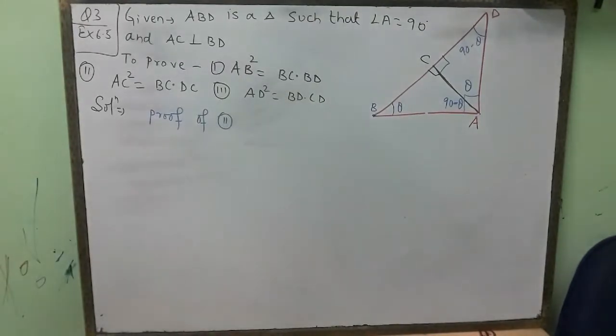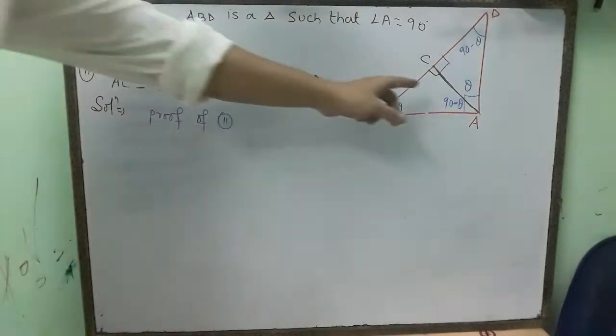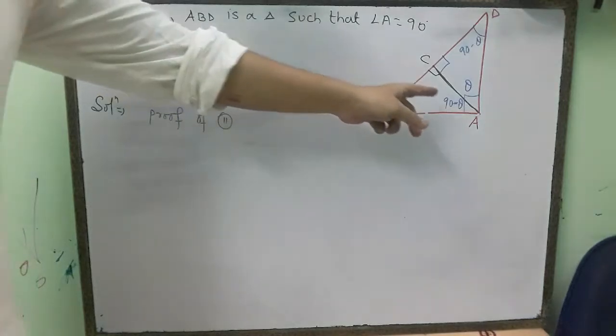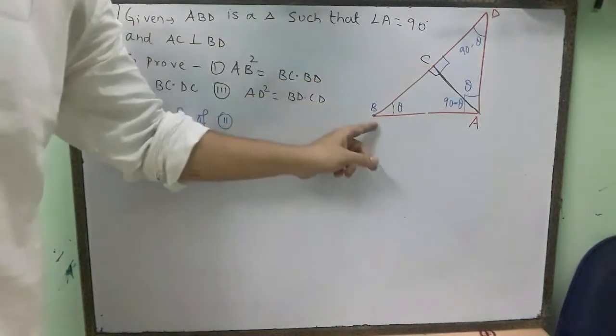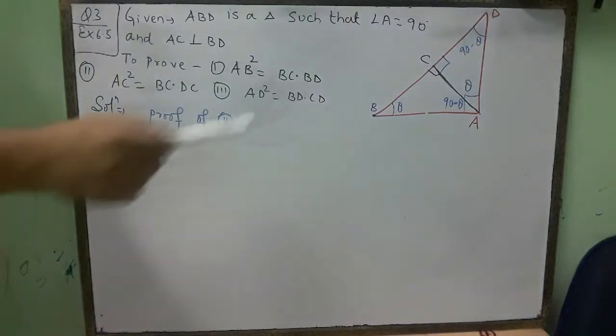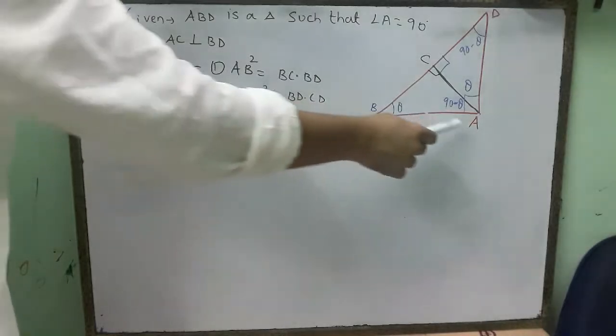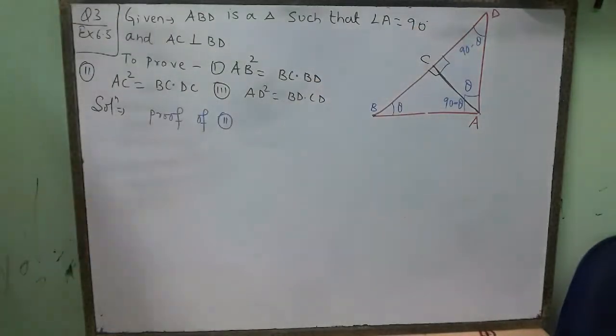Now see the proof of the second. The second is AC square is equal to BC into DC. This time AC is contained in triangles ACB and ACD, so it is decided that we have to prove similarity of triangle ACB and triangle ACD. So name according to theta and 90 minus theta.